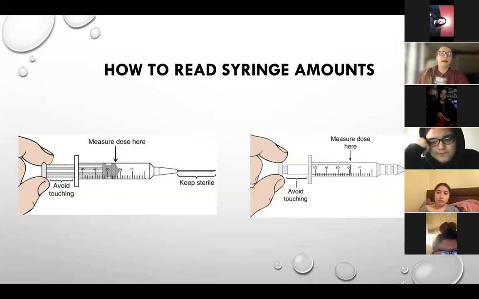Of course, with it being glass, there is huge risk of dropping it, shattering glass everywhere. So not ideal for veterinary medicine, especially because our patients are so squirmy and they're animals. So you may or may not see them. But as you can see with the glass, it's a lot clearer to see your measurement on there.